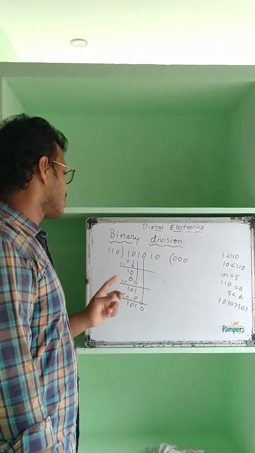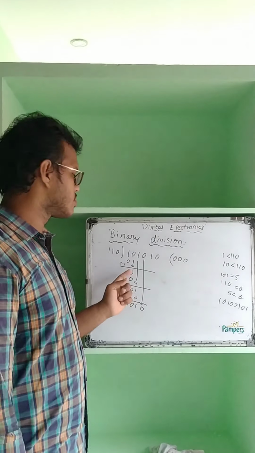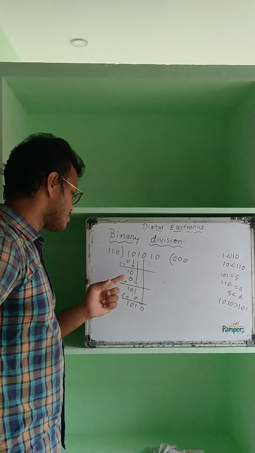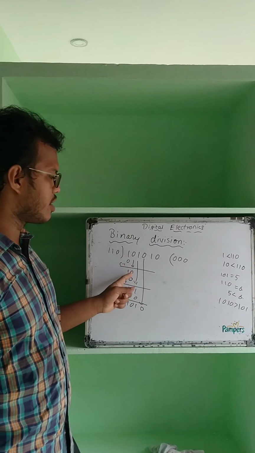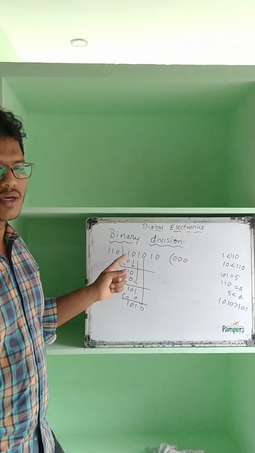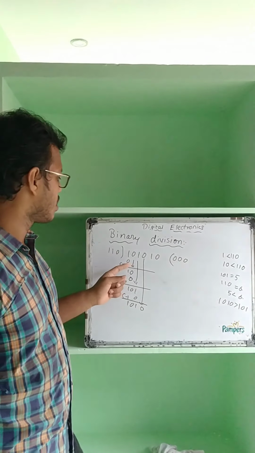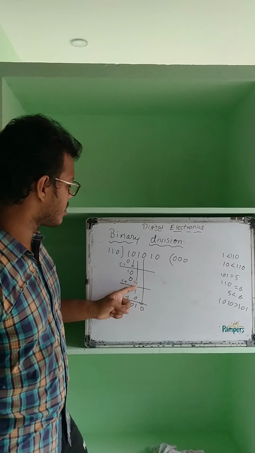So 0 into 110 gives 0. Again take the 0 here, subtract the 1 from 0. So 10, bring down 1 here.